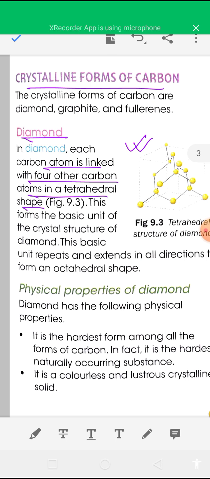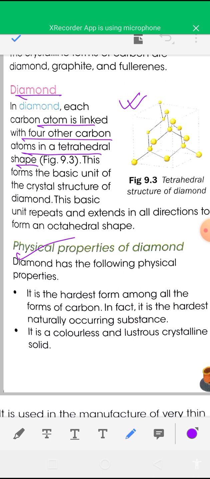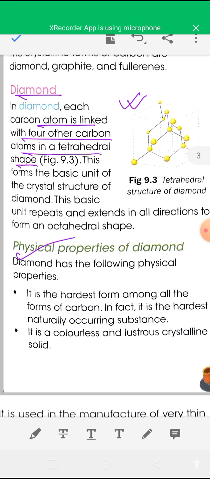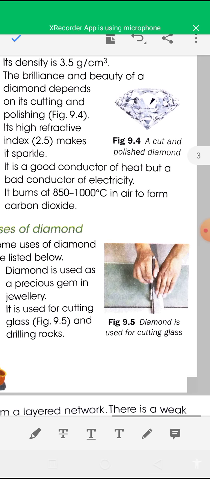Now see the physical properties of diamond. Diamond is the hardest form among all the forms of carbon. In fact, it is the hardest naturally occurring substance. It is a colorless, lustrous, crystalline solid.